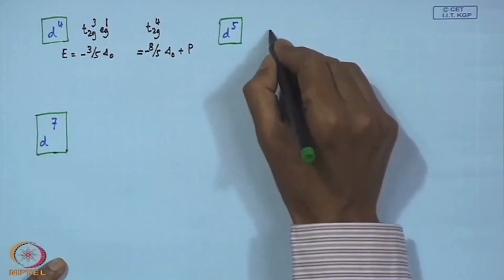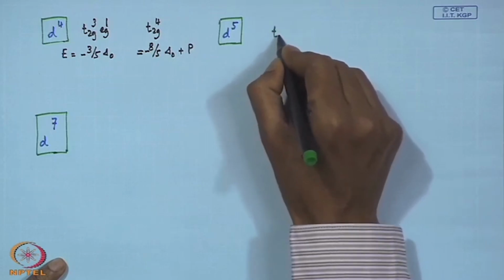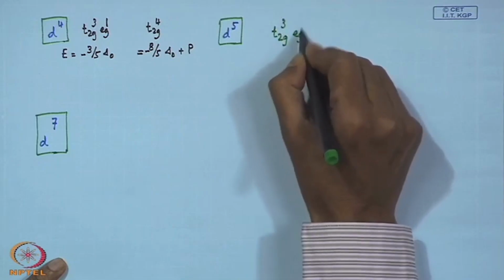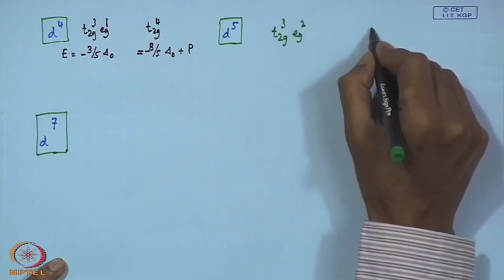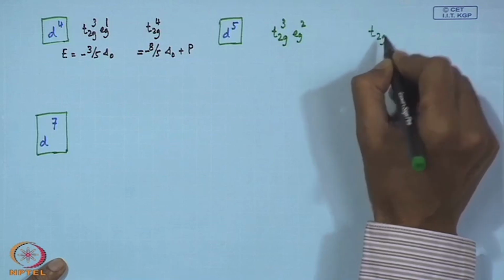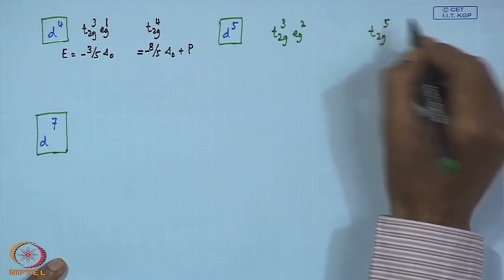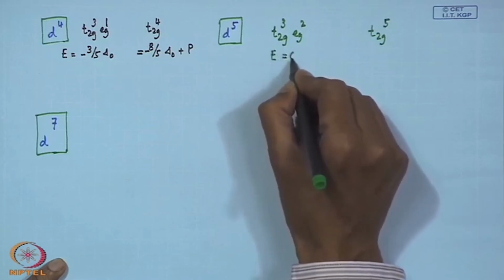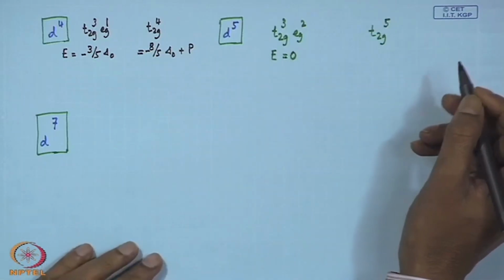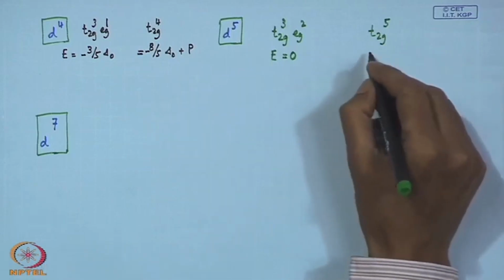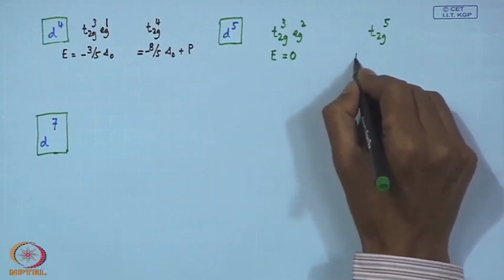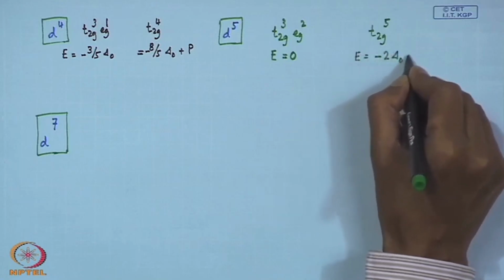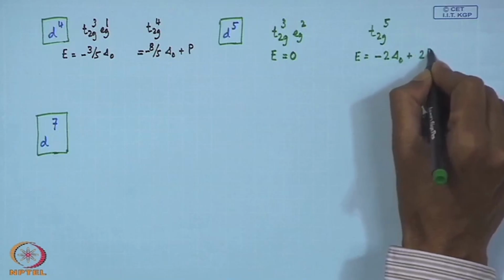For d5 we have two situations: one is t2g3 eg2 and the other is t2g5. For the high spin situation, E is equal to 0, no crystal field stabilization, and for the low spin, E is equal to minus 2 delta O plus 2P.